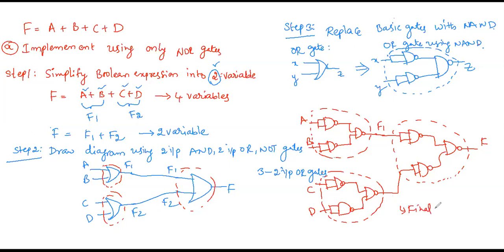Here NAND gates are used: 9 NAND gates we are using. So you try to draw the final structure and tell me how many NOR gates we are using. All of you try and mark.